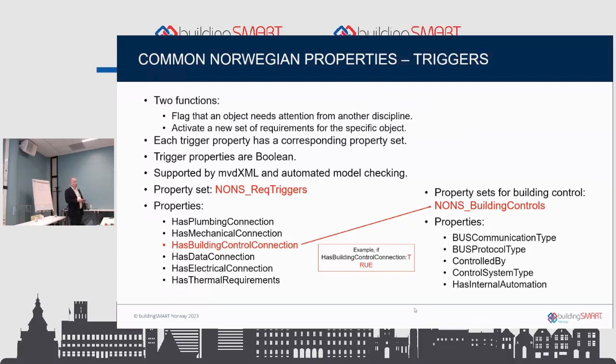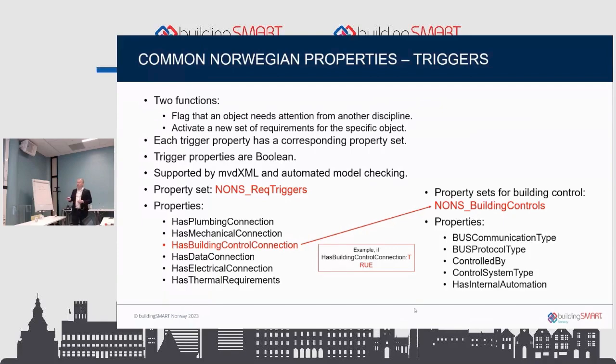And that means that this component needs the attention of someone else. So the first function of the trigger is that somebody else has to look at it. So the plumber should look into, for example, whether the architect model has true or false for plumbing connection. If it's true, I have to look at it.